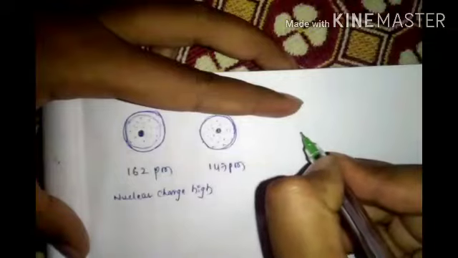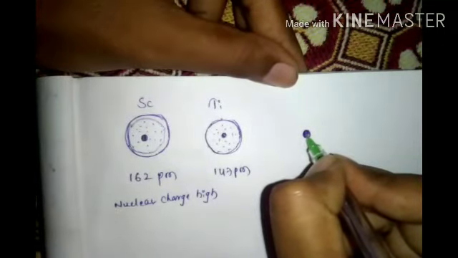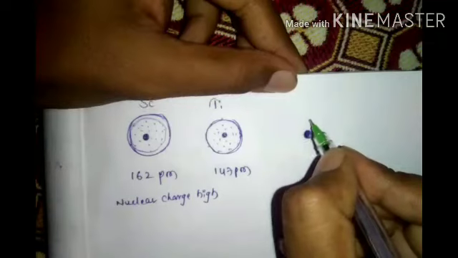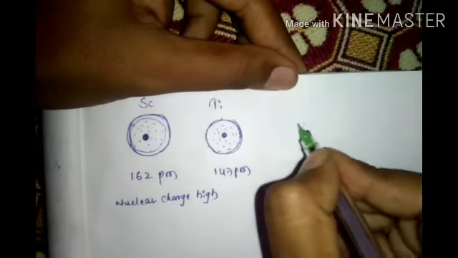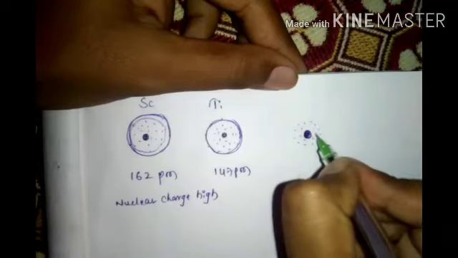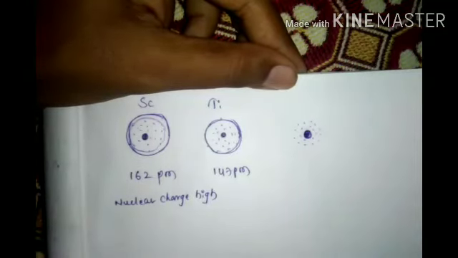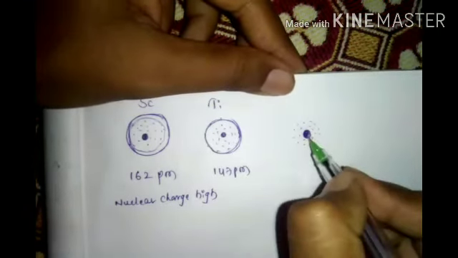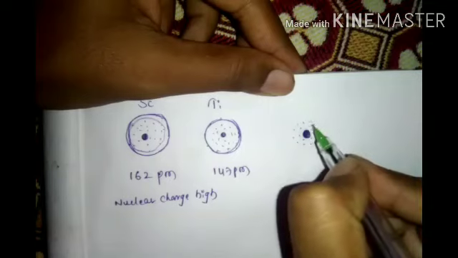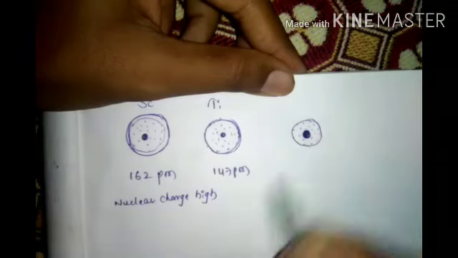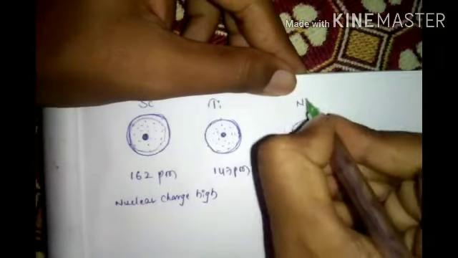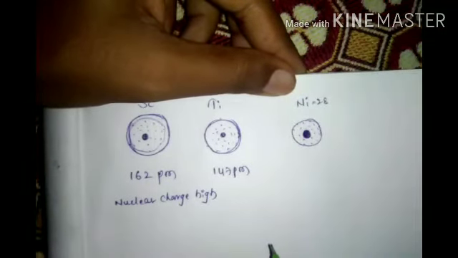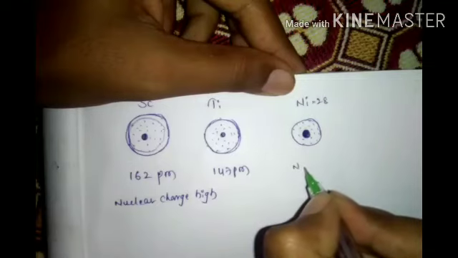For example, go to nickel, totally 28. The nuclear charge is very, very high.